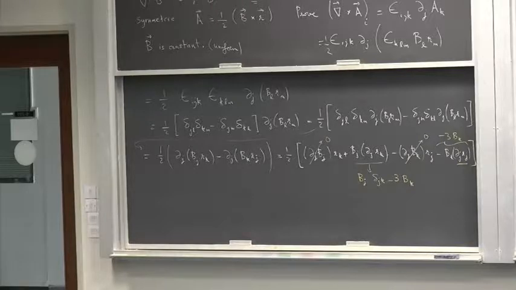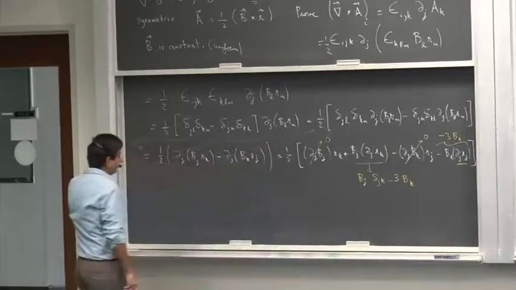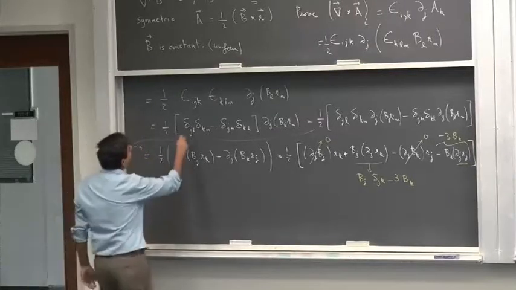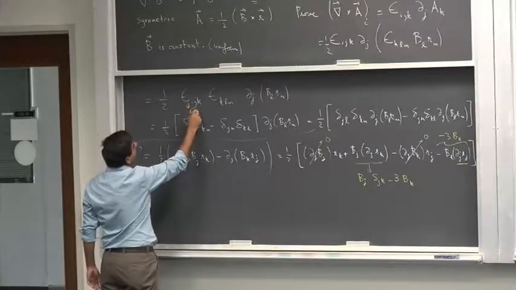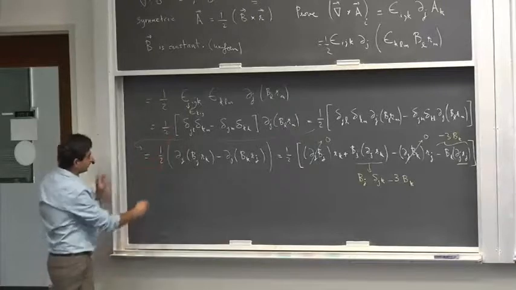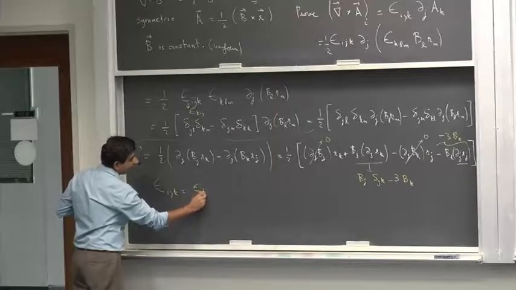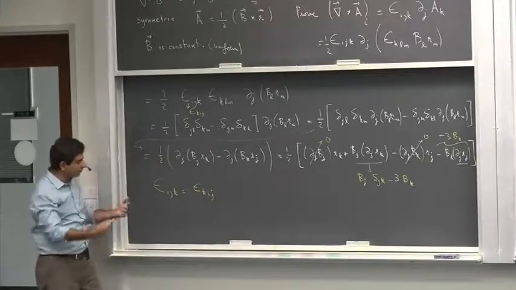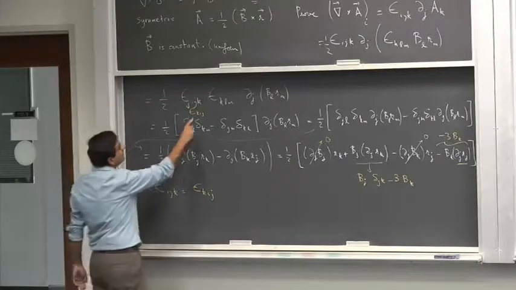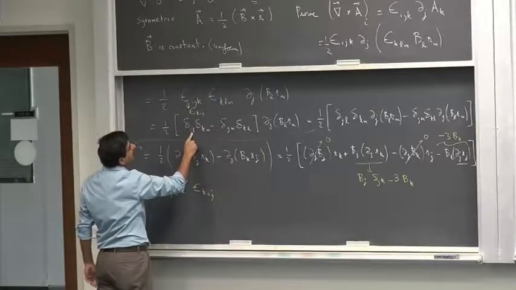Oh, one problem. What I've missed out here is, in order to apply this identity, I would like to replace this with epsilon kij. I would just like to change the orders. So epsilon ijk equals epsilon kij. If I preserve the order and just rotate the variables, then this does not change. Then I can apply the identity. So this is epsilon kij into epsilon klm.